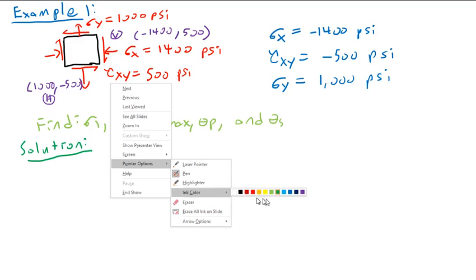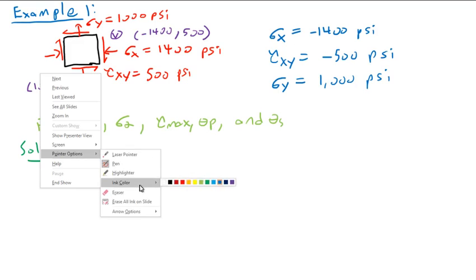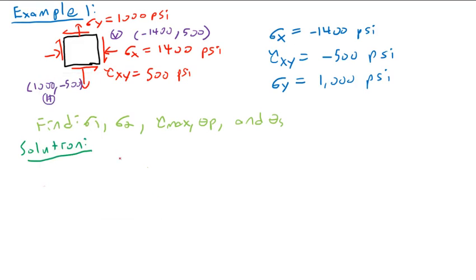All right, so we're going to need a few equations. We're going to need our equations that we developed before. So let's use those. Let me first write the equations that I'm going to use in red. Sigma average equals sigma x plus sigma y over 2.